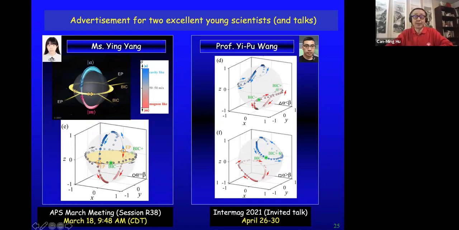And Ipu, who is now a professor at Zhejiang University, is going to give an invited talk at Intermag in April, also about this coupling-induced singularity and non-reciprocal behavior in cavity magnonic systems.